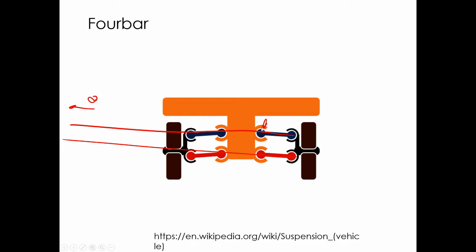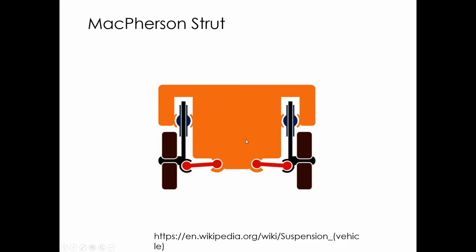McPherson strut is a linkage transformation of this, so if you replace this revolute joint with a prismatic joint, you get the McPherson strut. So this is sort of a crank slider type suspension, which is a variation of the 4-bar, and it has a lot of the same attributes as the 4-bar suspension.